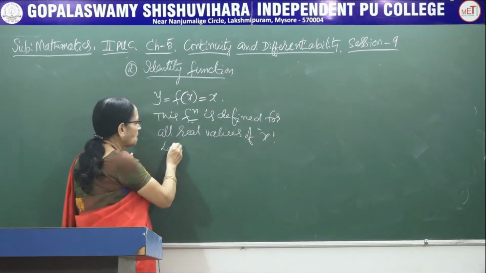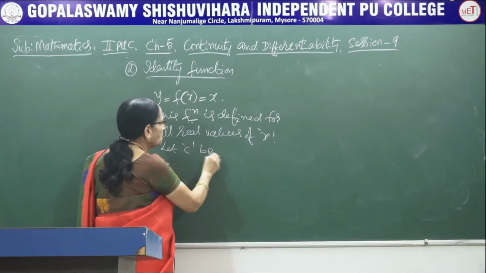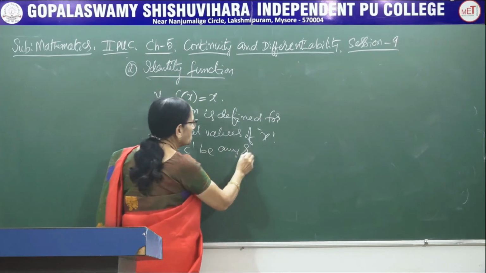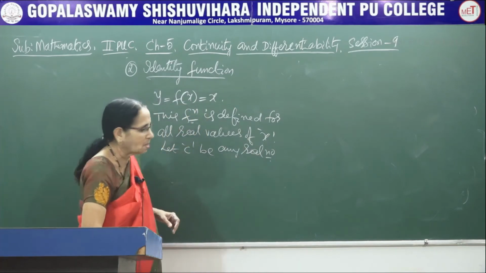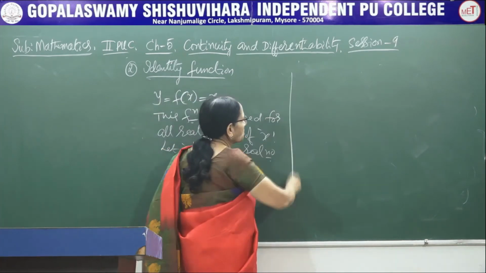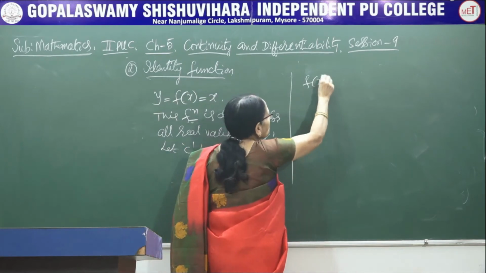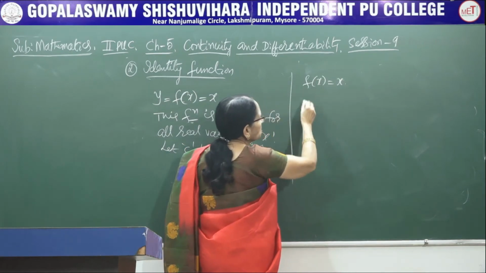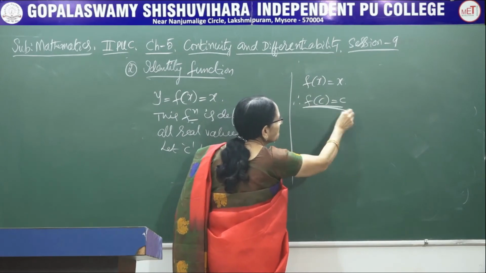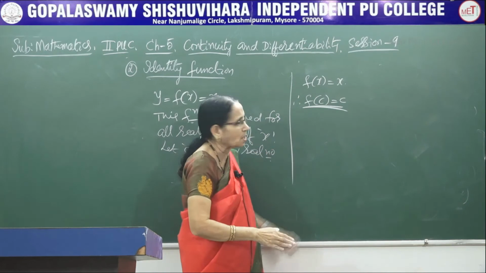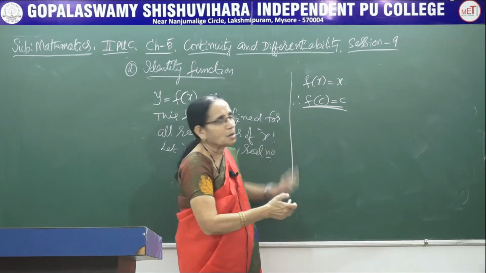Now, as usual, let c be any real number. Then let me take the function. The function, how we have defined, f(x) equal to x. Therefore, f of c would be equal to c. Whatever value you give for x, it would be the same for y also.